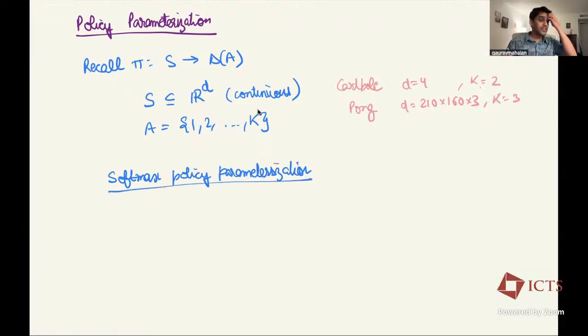So what is softmax? First we're going to look at the parameters. You're in a state, so the state is in R^D, and actions are K. For each action, you have a vector that you store.